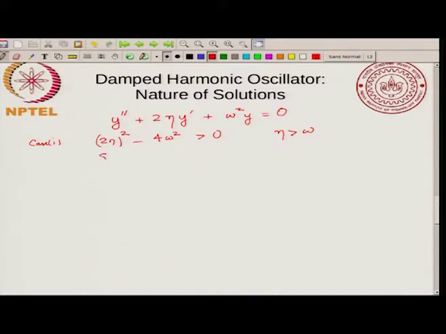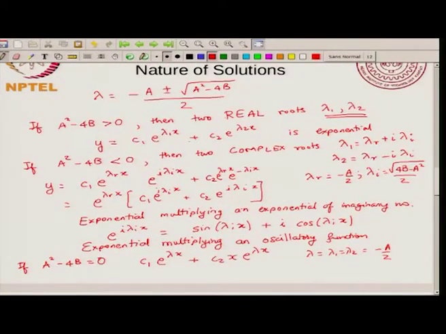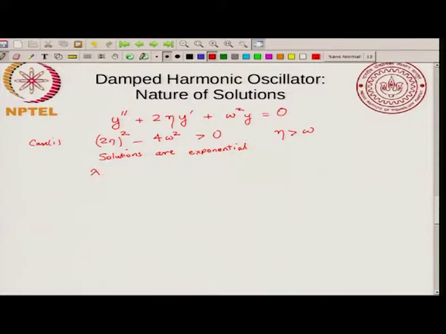So, the solutions are exponential. You will recall the solutions look like e to the lambda 1 x and e to the lambda 2 x, where lambda 1 and lambda 2 have this form. I will write it explicitly: lambda equal to minus eta plus or minus square root of eta square minus omega square.